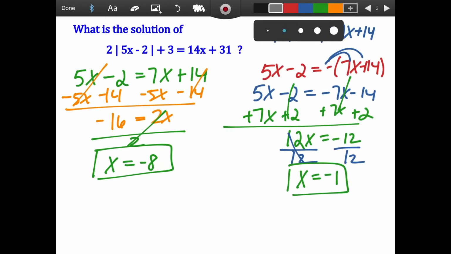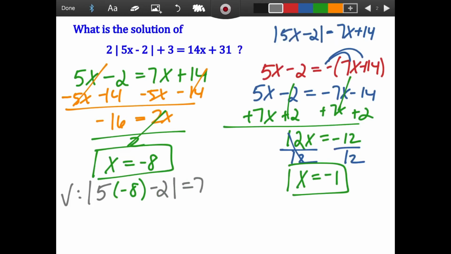Now we have to check whether either of these solutions are extraneous. So plug x back in for your original equation, and we check for -8. We're plugging into absolute value of 5 times -8 minus 2 equals 7 times -8 plus 14. 5 times -8 is -40 minus 2 is -42 in our absolute value, which is equal to 7 times -8 is -56. -56 plus 14 is -42.